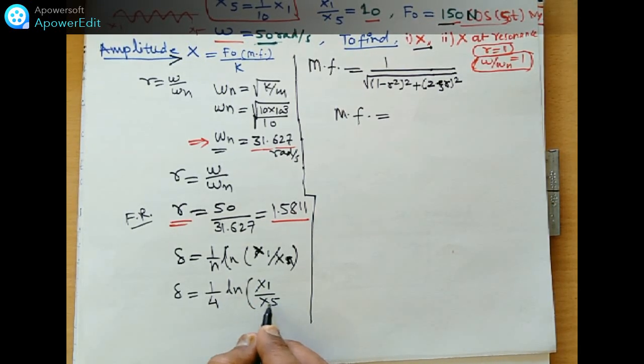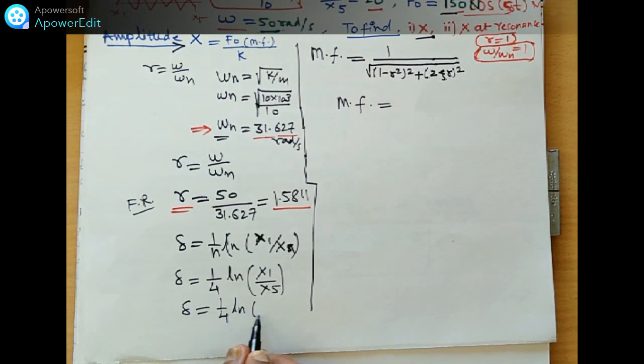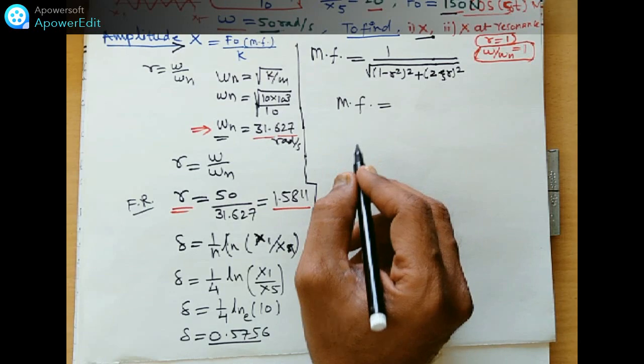Delta is equal to 1 by 4, here ln means log to the base e. We get the value of this delta as 0.5756.